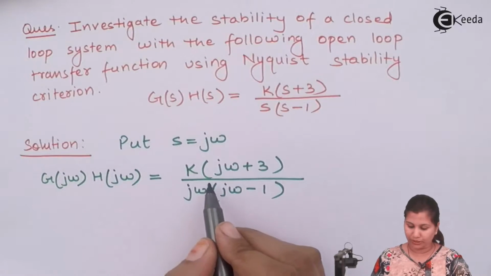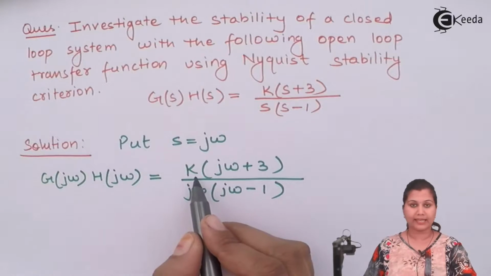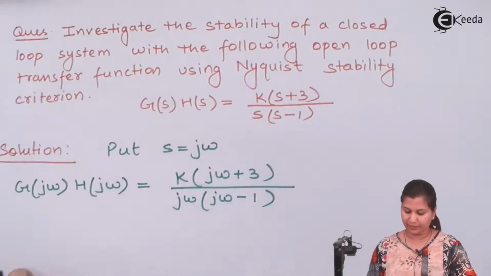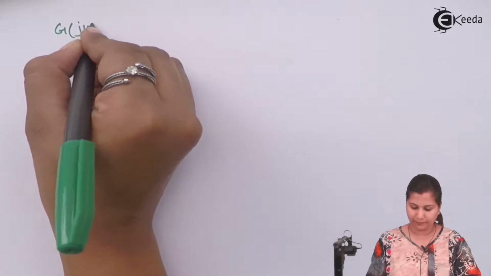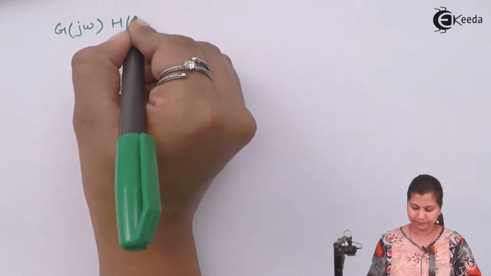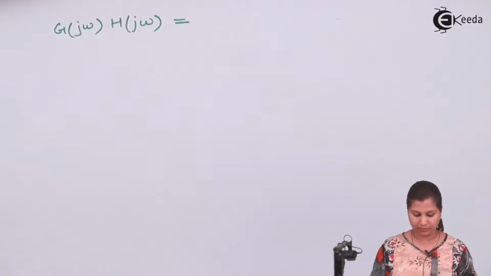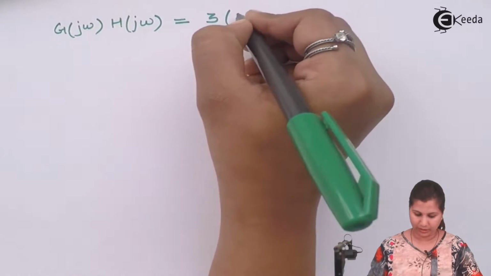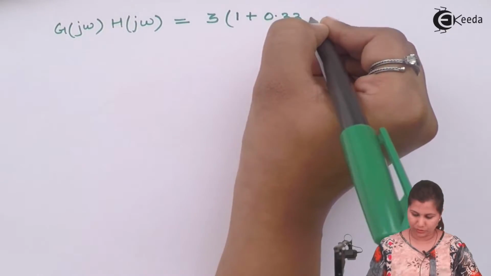Now we are going to take 3 as common and we are going to take this K as 1. So the transfer function will become, K equals 1 here, and 3 has been taken as common. So 3, we have 1 plus 0.33 j omega.